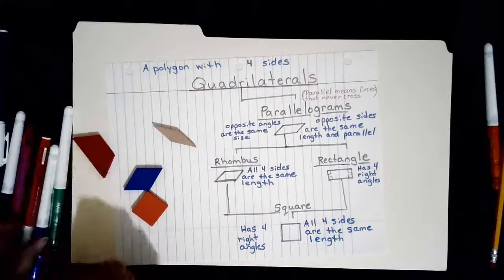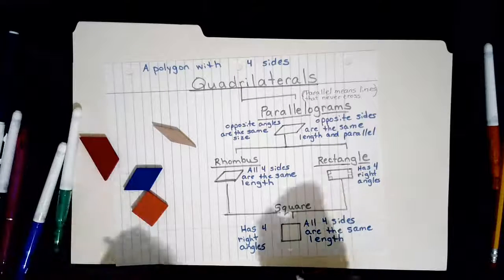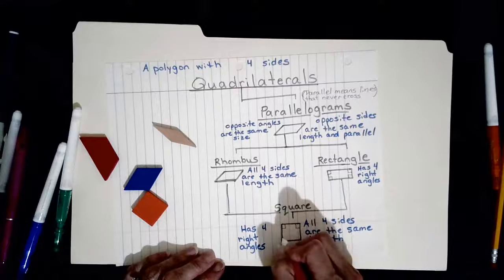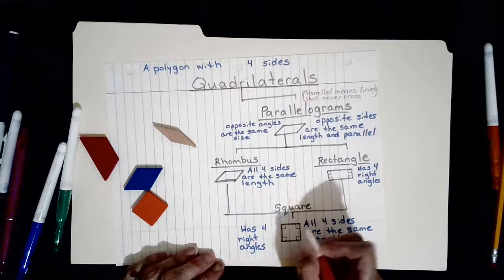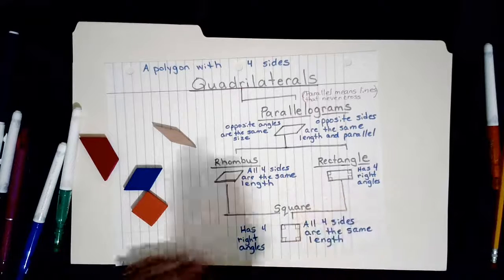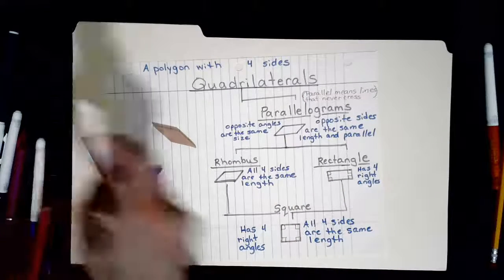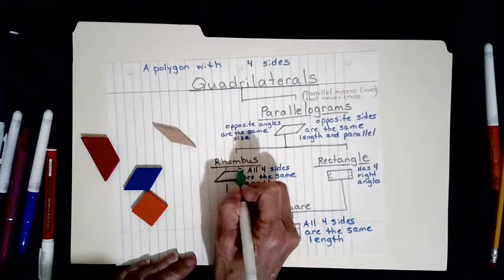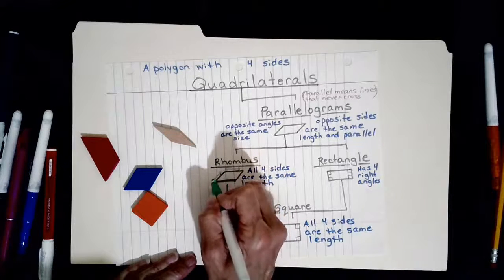Now, I'm going to show you our little corners here because they have 4 right angles. And the other part is that all the sides are the same length, just like in a rhombus. So all of the sides are the same length on a rhombus.